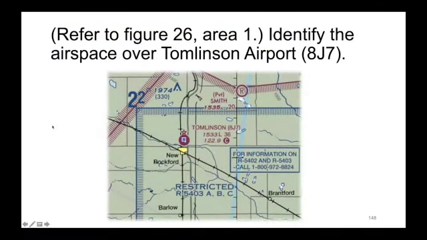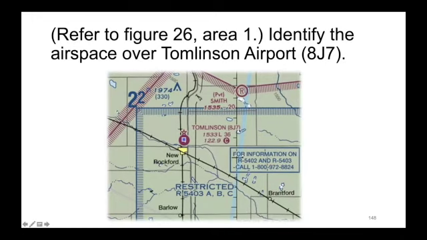Here's one: refer to figure 26, area 1, identify the airspace over Tomlinson Airport. So if you go to figure 26 in your red book, area 1, find Tomlinson. The question may come up, identify the airspace over Tomlinson Airport, 8J7. If you notice there, it'll also give you the 8J7 beside the airport.